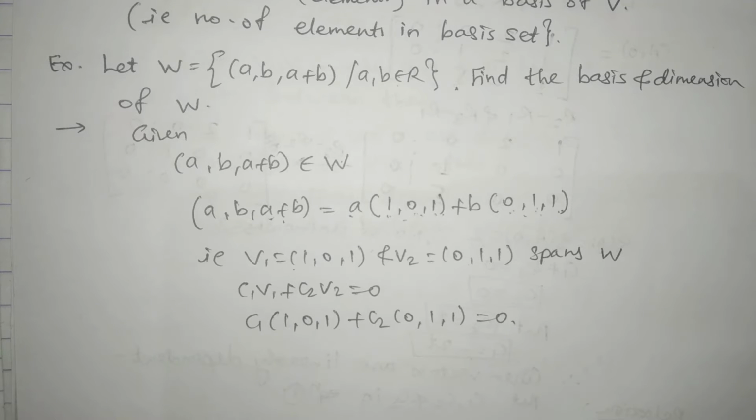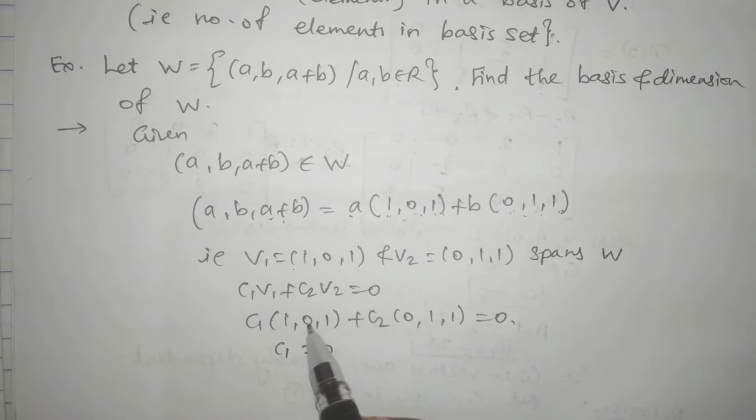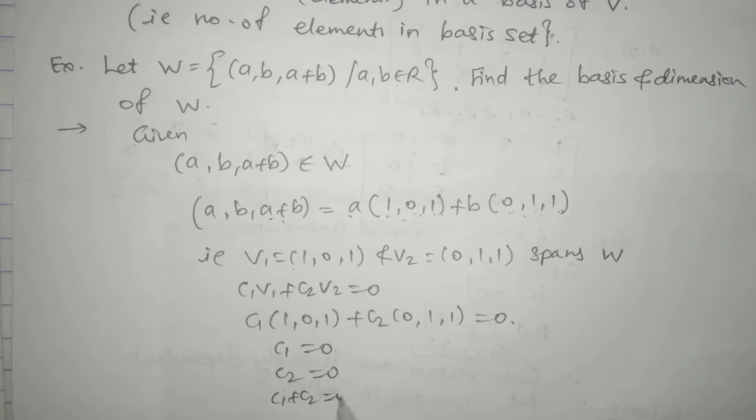If the values of c1 and c2 are non-zero, then you can say these are linearly dependent, and if they are 0, then you can say they are linearly independent. So you will get c1 equals 0 from the first equation. From the second equation you will get c2 equals 0. And from the third equation you will get c1 plus c2 equals 0.